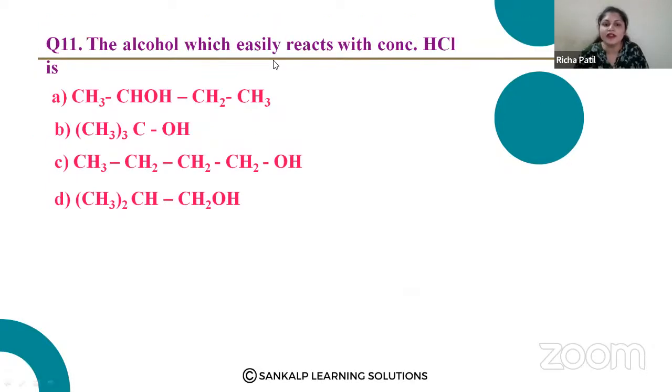Next: the alcohol which easily reacts with concentrated HCl is... It is B, CH3, CH3, CH3, OH. It is a tertiary alcohol, which reacts easily with halogen acid.